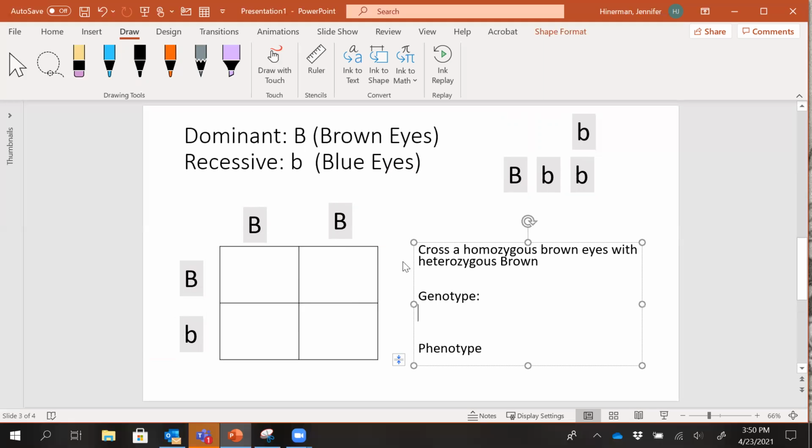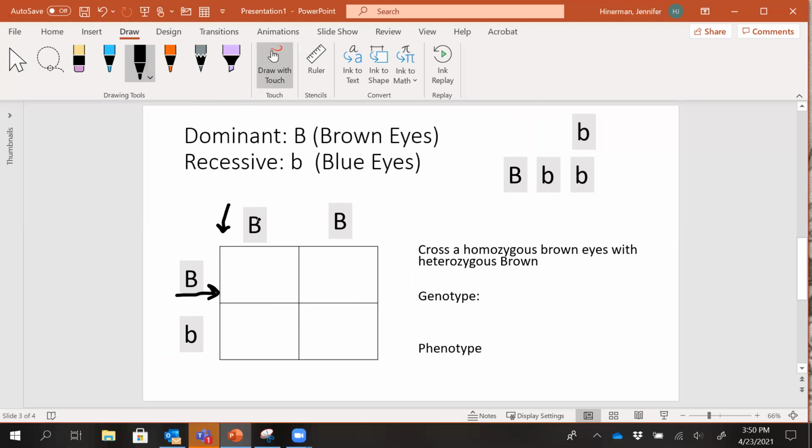Okay. So again, we're going to combine what's on the top and what's on the side. So if I combine this one and this one, it's going to make two big B's. I combine what's on the top with what's on the side, that's going to be two big B's. I combine what's on the top with what's on the side, that's big B and little b.